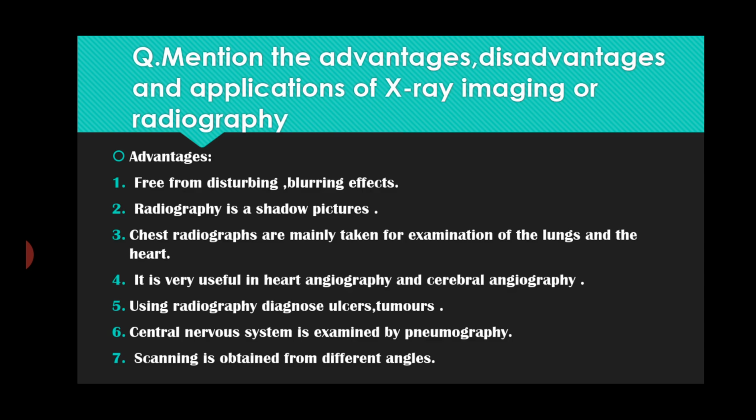It is very useful in heart angiography and cerebral angiography. Fifth, using radiography we can diagnose ulcers and tumors. The central nervous system is examined by filmography. Scanning is obtained from different angles.